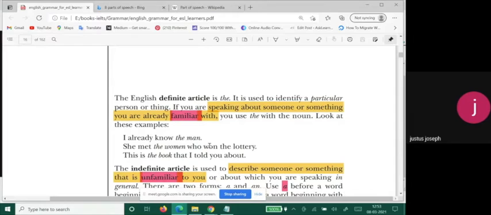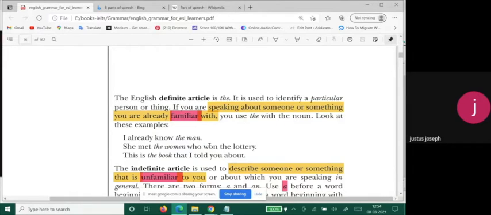That is the meaning of something being defined. That is why we call it definite, and that is where we use the. That is a definite article, used to define something. Please understand it in this manner.